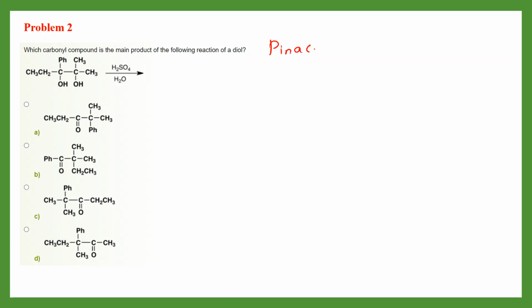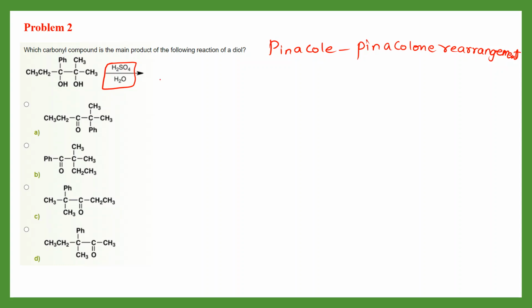First let me write pinacol rearrangement. Here we have acidic conditions, correct? We have alcohol in our system and an acidic medium.